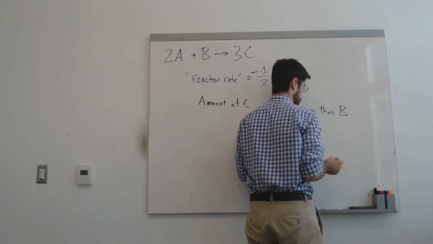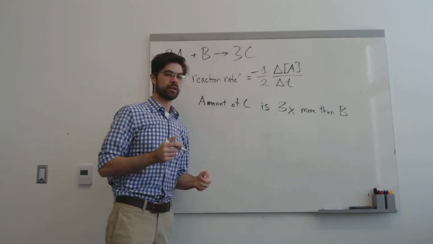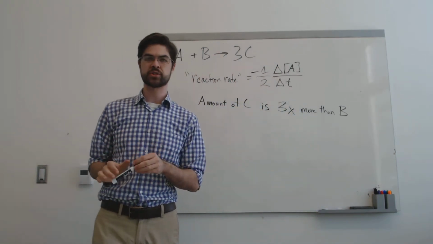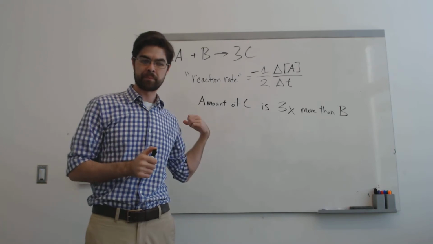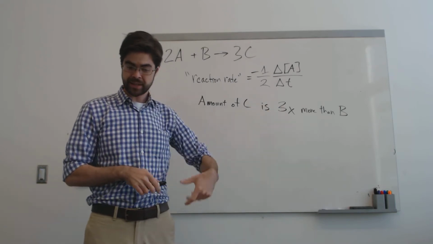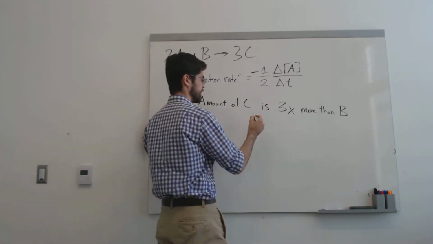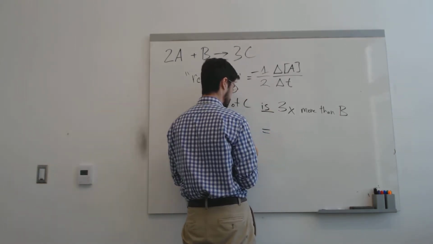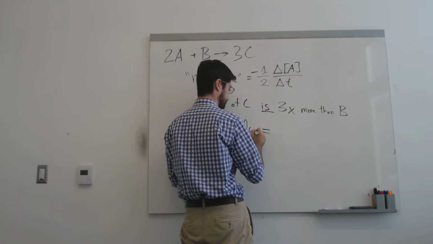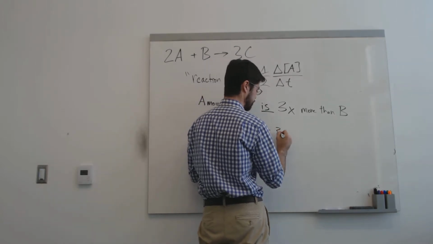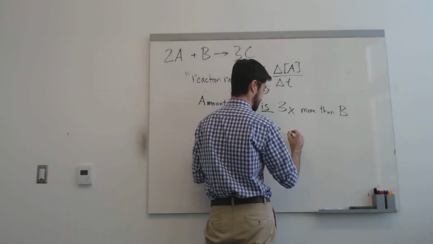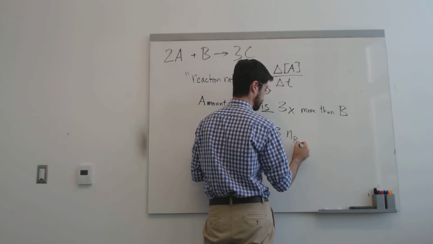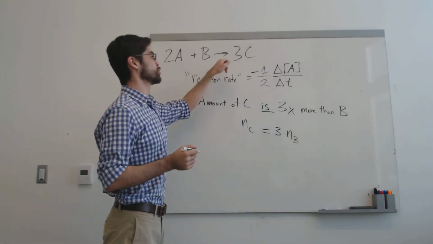than B. A handy trick when you're translating a mathematical sentence like this into an equation is that the "is" becomes your equal sign. So I would say moles of C is actually 3 times as large as the moles of B. And that's where the 3 comes from.